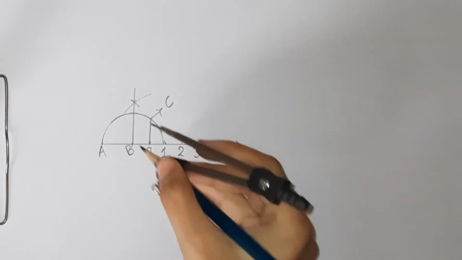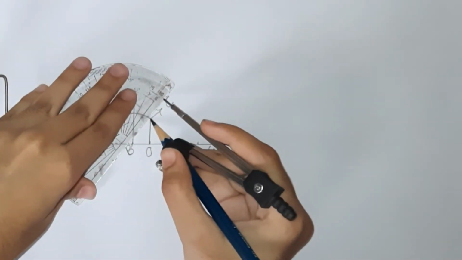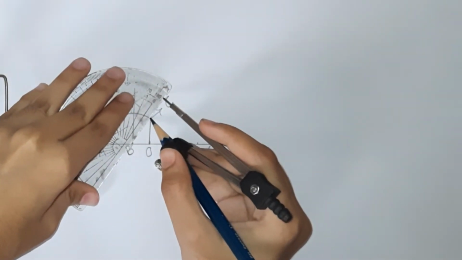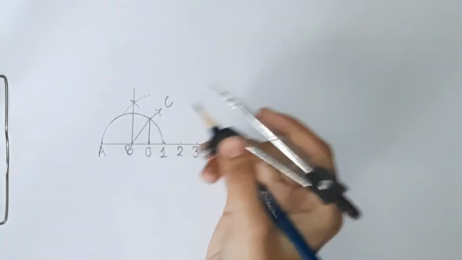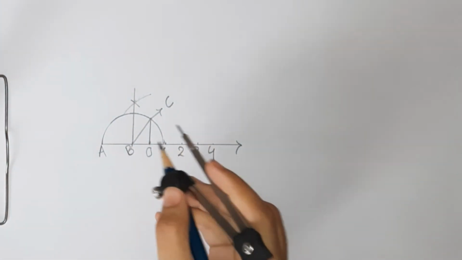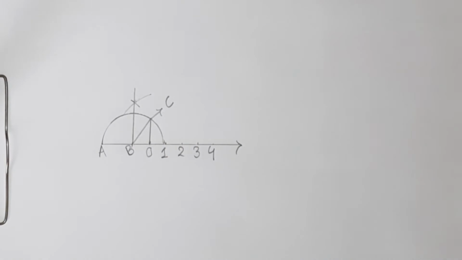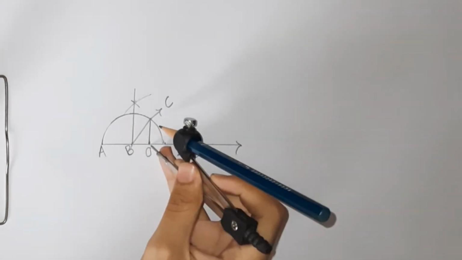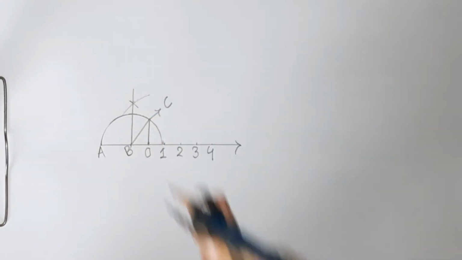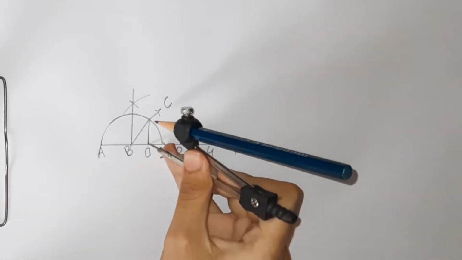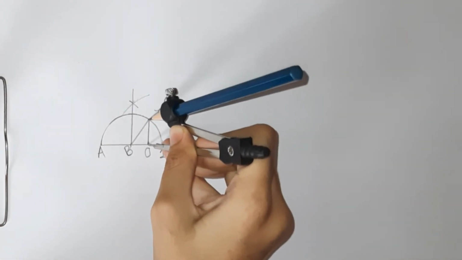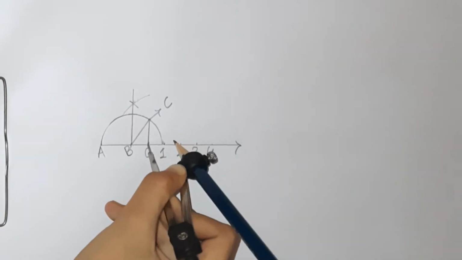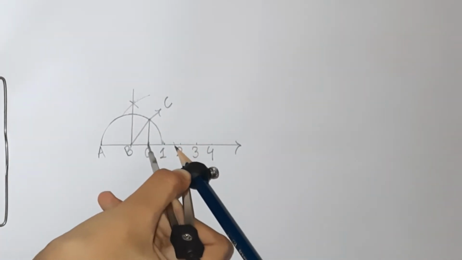Now we will join this B with the C. After joining it, we get a right angle triangle. We'll take the measurement of this O and C. After taking its measurement, we will cut an arc on the number line.